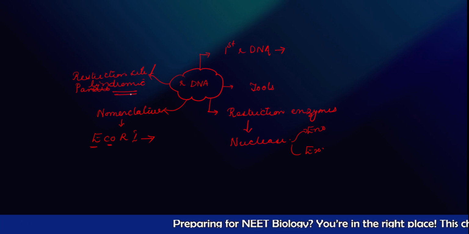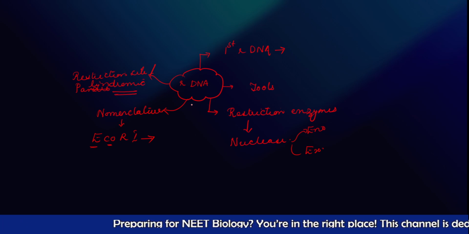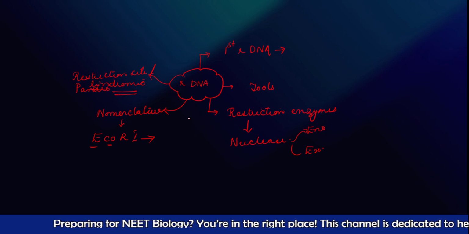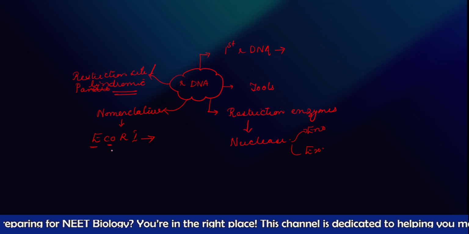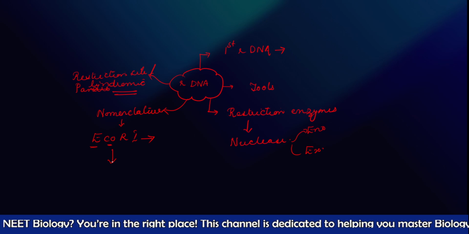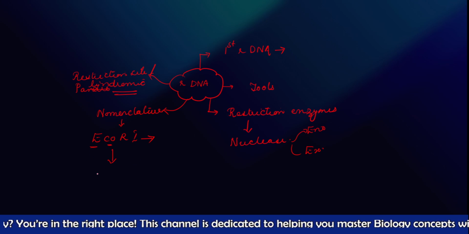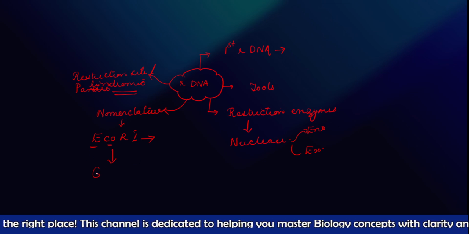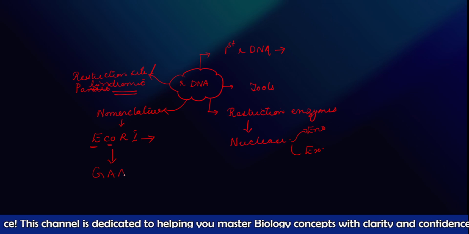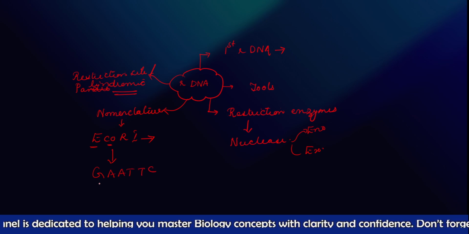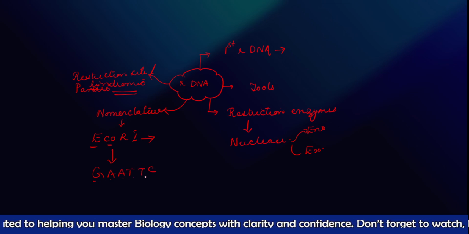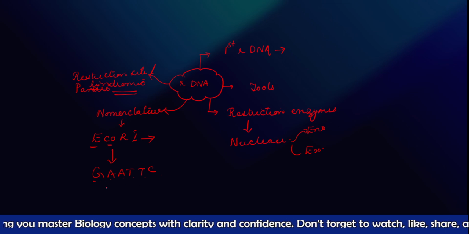Restriction enzymes recognize a sequence that is called the palindromic sequence. One example of the palindromic sequence: EcoR1 recognizes the palindromic sequence GAATTC. This is the palindromic sequence.